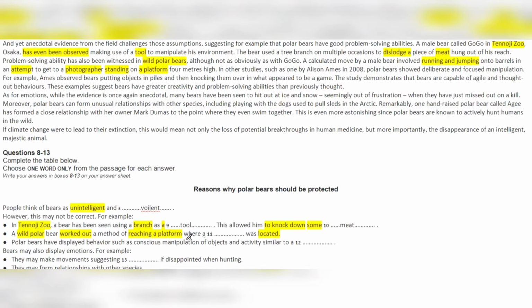All these synonyms match with different words, but we cannot find the word photographer here. So a wild polar bear running and jumping is worked out, and then a method of reaching, an attempt to get to a photographer, reaching a platform is here, was located, standing.